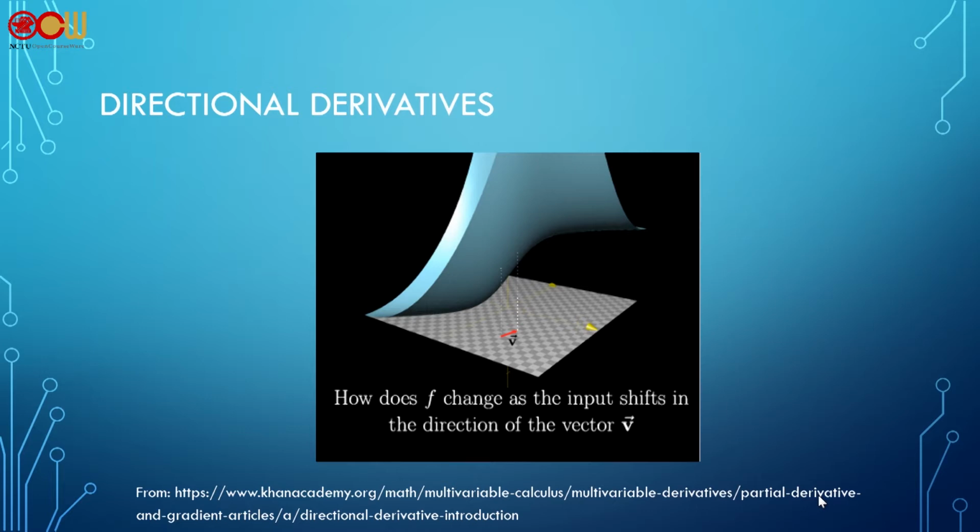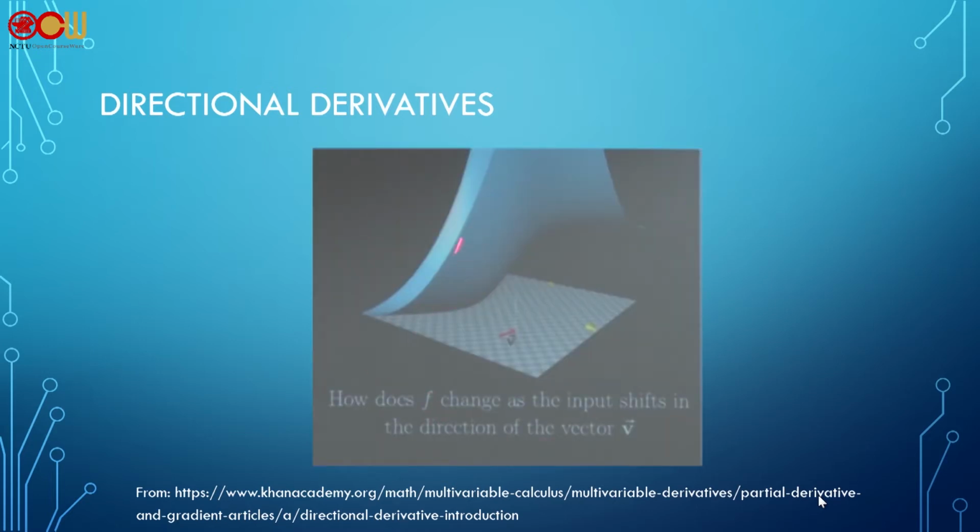And this has been covered in your engineering mathematics. Here f is this Lyapunov function, or the function in the z direction. It is defined as how f changes as the input shifts in the direction of vector v. The direction of vector v is defined on this phase portrait, a 2D plane, as the dynamics of the vector field.